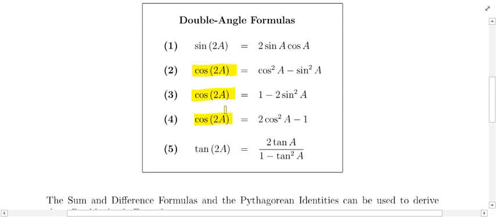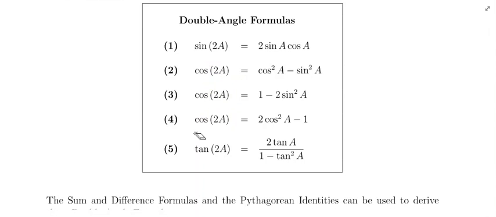So there are 3 different double angle formulas for cosine. Which one do you use? We'll talk about that as we get into this. The answer is going to be whichever one suits your needs the best at the particular time.